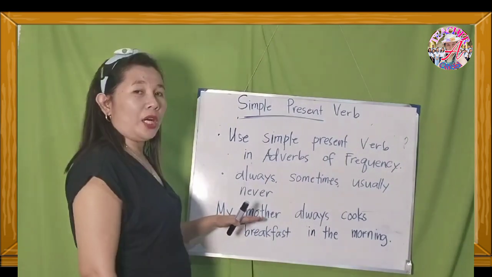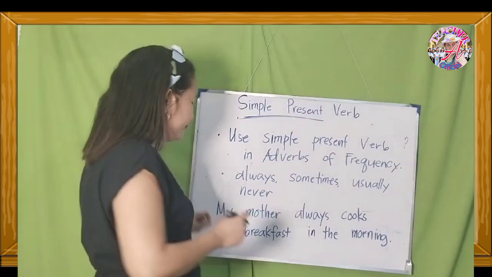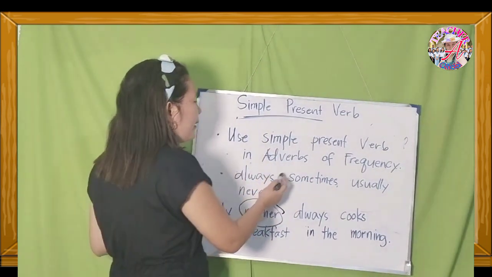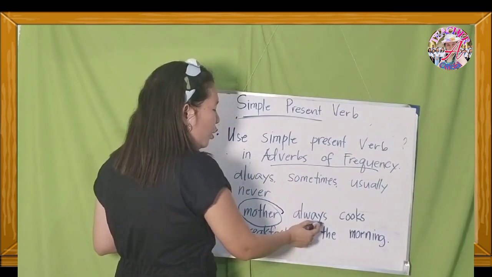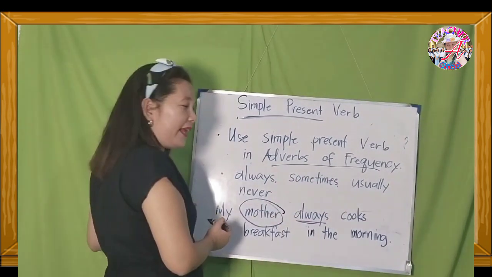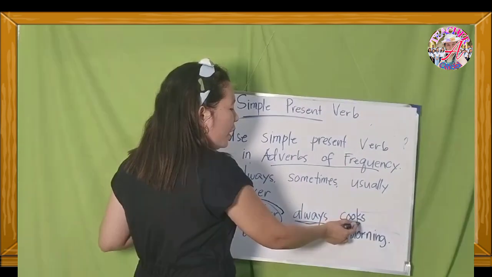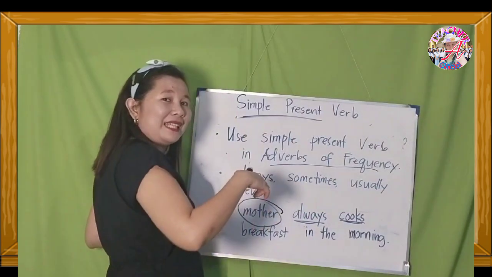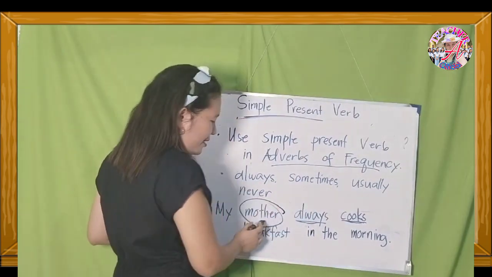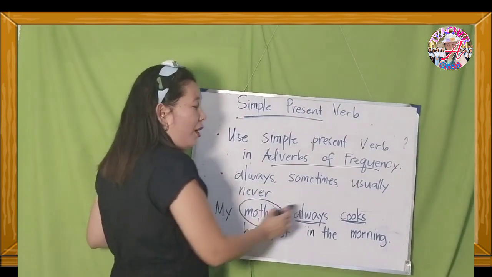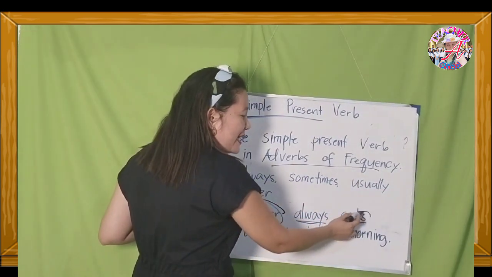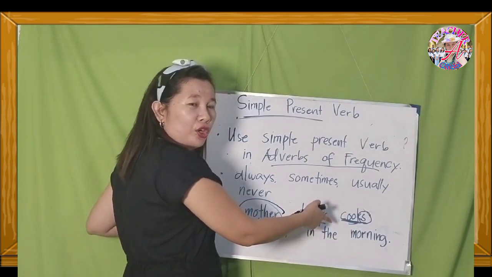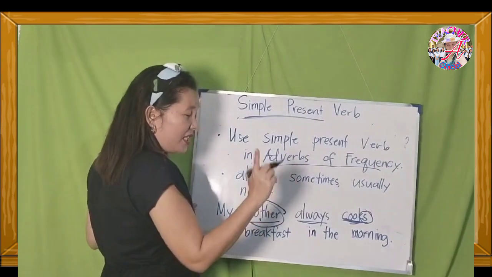The example here, mother, is singular. This is our subject, followed by the adverb of frequency, always. Next, the verb is cooks. Remember the rule, as I mentioned earlier, if the subject is singular, you have to add s to the base form of the verb cook, because your subject here is singular.